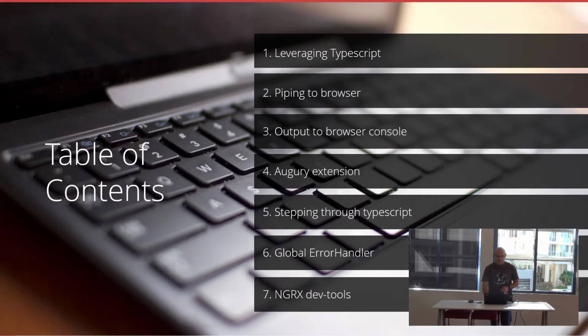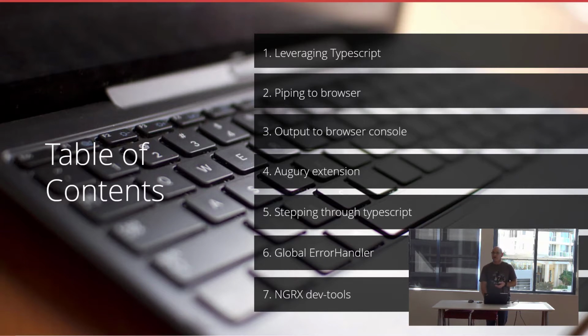Okay. So the 7 items that I covered today were leaving TypeScript. So make sure you strongly type your objects. Pipe out to the browser using the JSON pipe. Write out to your console using ngprobe or console log. Install the Augury extension, which gives you a visual representation of the objects.